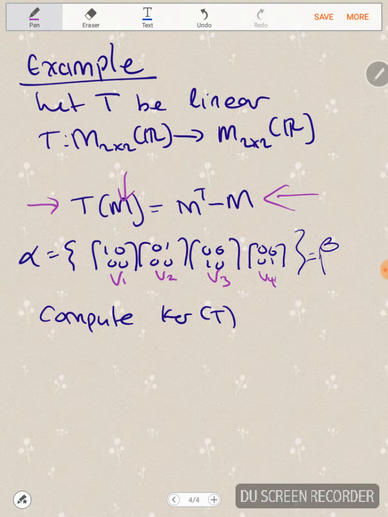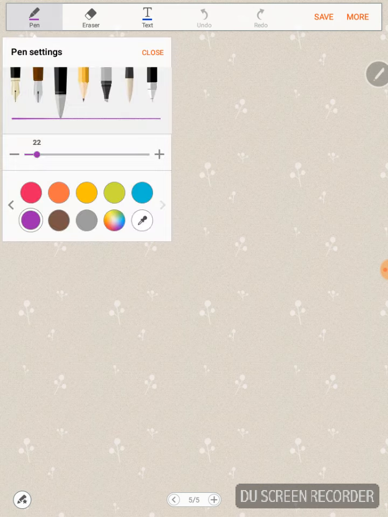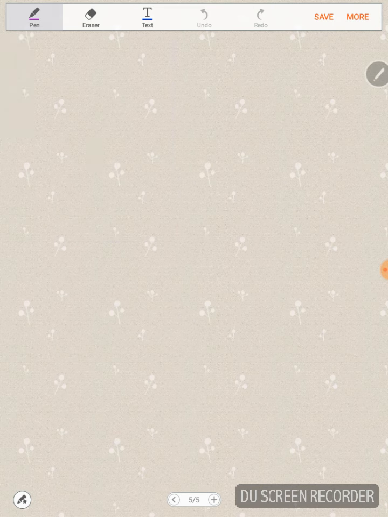In order to do this, let's stick with purple. We first need to find the matrix. Basically, I'm going to be finding the matrix of the transformation T with respect to the basis vectors in alpha.